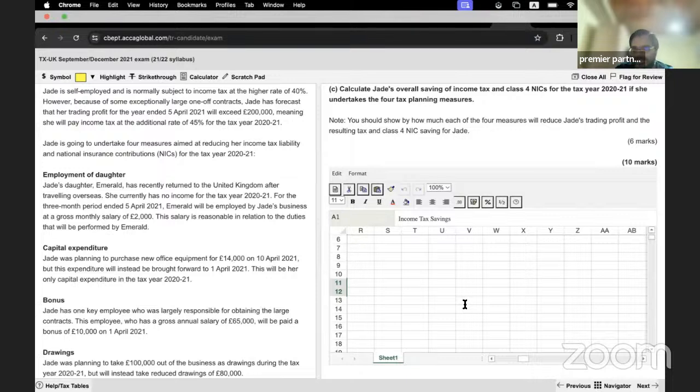Are we all agreeing on that? Right. So whatever Class 1 employer contribution she is paying will be a deductible expense from Jade's tax adjusted trading income, isn't it?